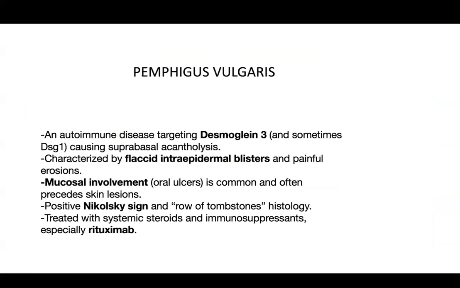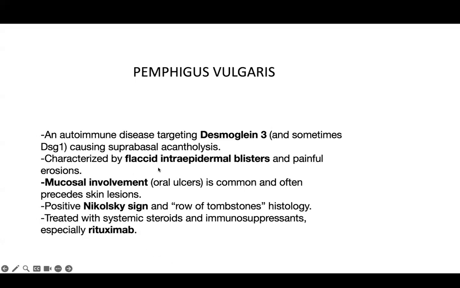So that was a brief on the most common pemphigus and pemphigoid diagnoses. First is pemphigus vulgaris. It's an autoimmune blistering disease with desmoglein 3 and desmoglein 1 causing a suprabasal acantholysis, meaning the separation is in the epidermis.